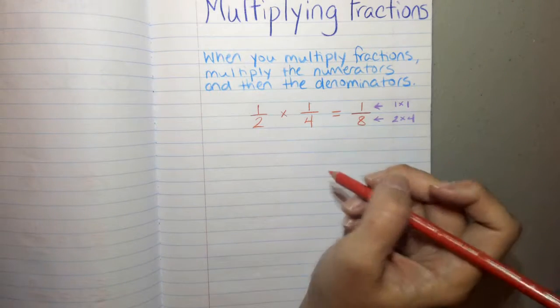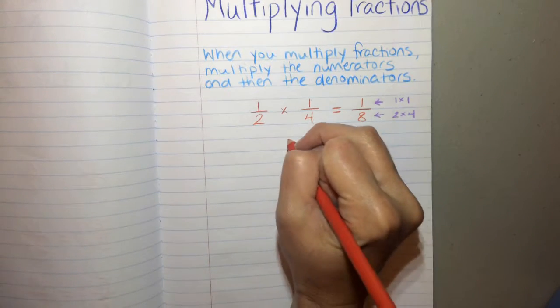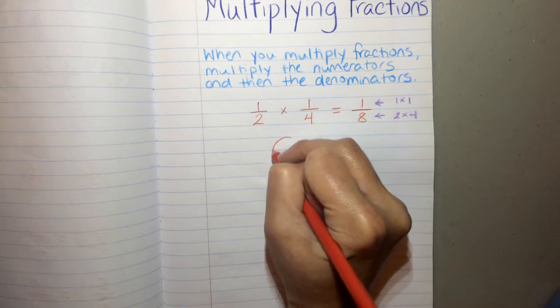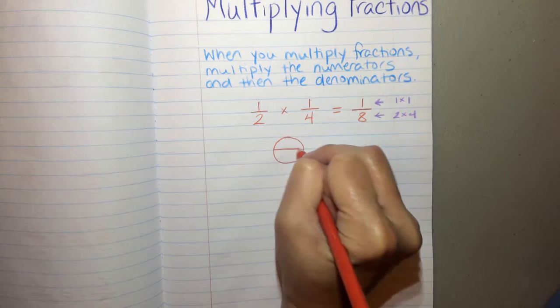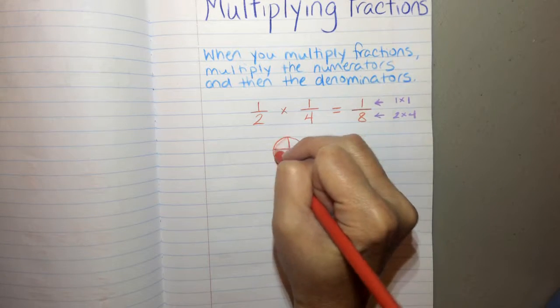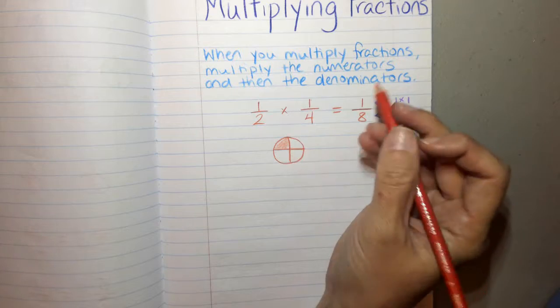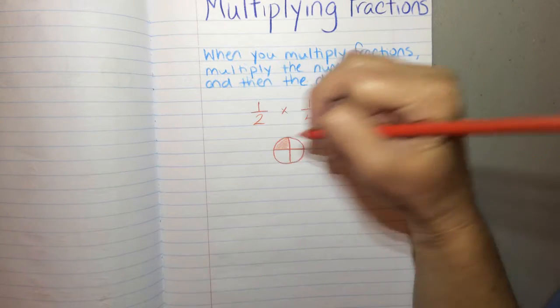Okay, so let's say I had a fourth of something. Okay, so I had one of these circles. Well, when you take a half of something, what do you do? Well, you divide it in half, right?